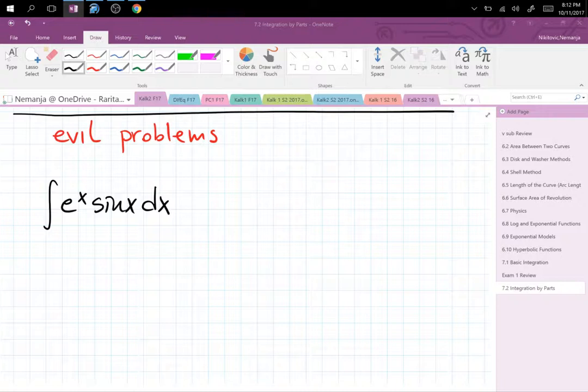And what happens with the sine x as you differentiate or integrate? Yeah, but it cycles, right, as well. So when you look at this, no matter what you pick for either u or dv, you don't get to get rid of anything. First time I saw this as a student, I said, whoa. It's like an infinite loop, right? And let's see what we can do. So, by parts.